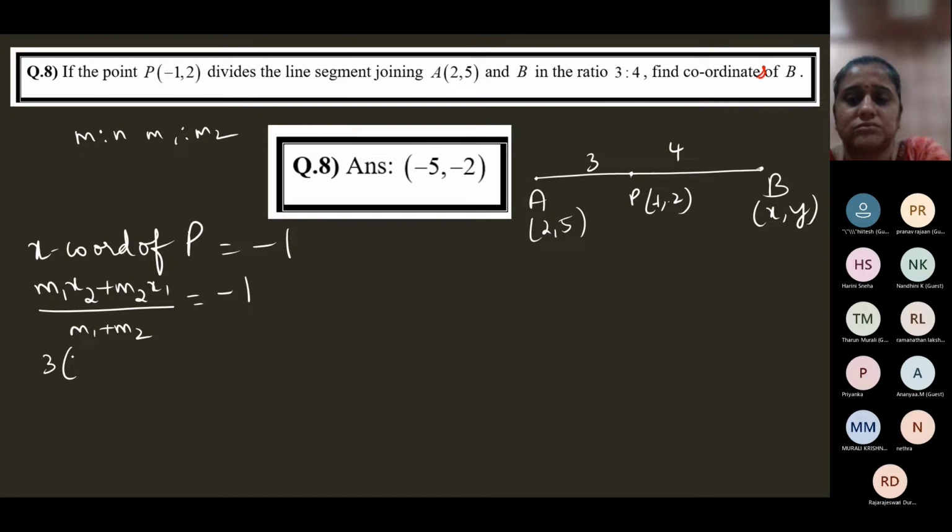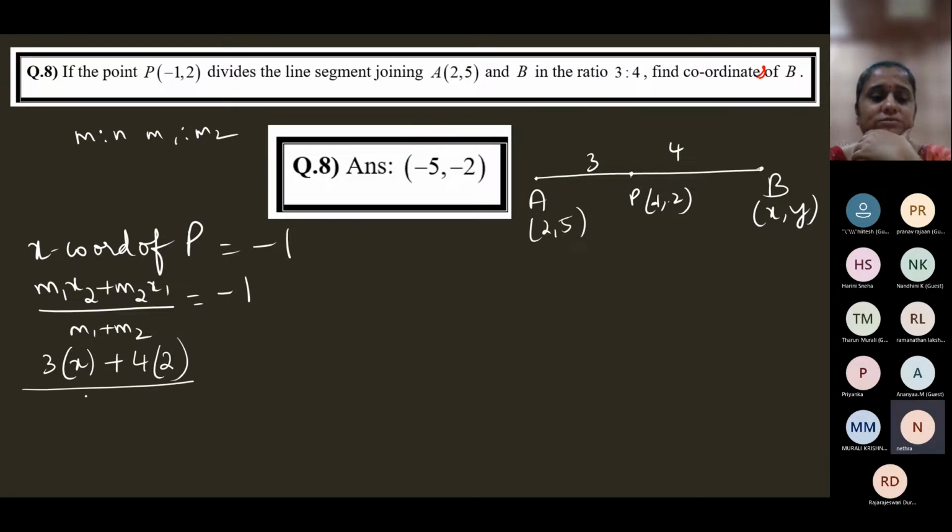One more. From where did you get 1? X. Plus what's M2? 4. X1? Into 2.